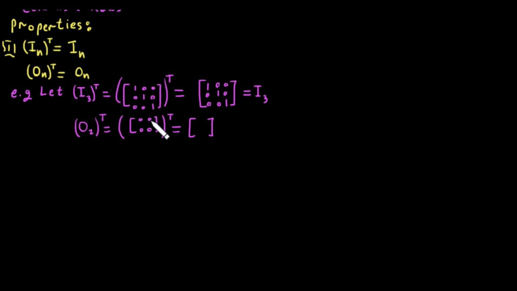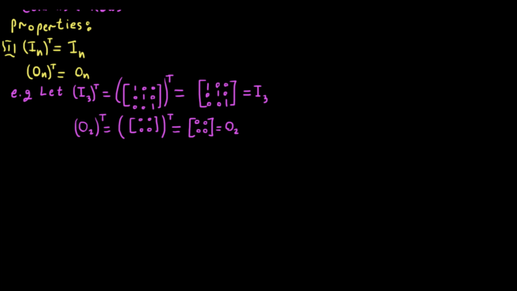The first row 0 0 will become the first column, and the second row 0 0 will become the second column, which is the zero matrix with size 2. So the same thing: the transpose of the zero matrix will not affect the zero matrix.